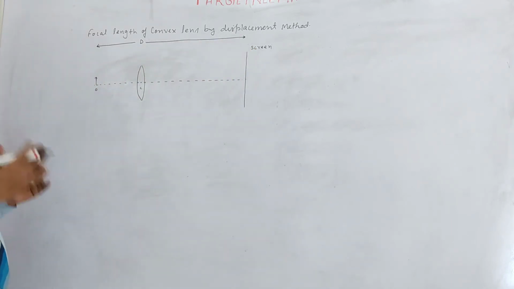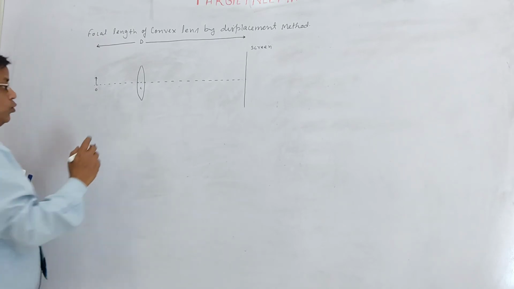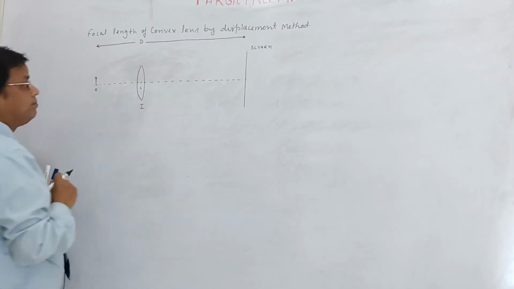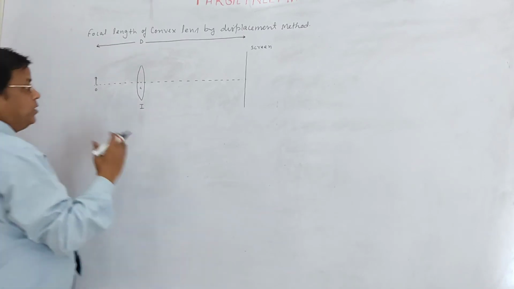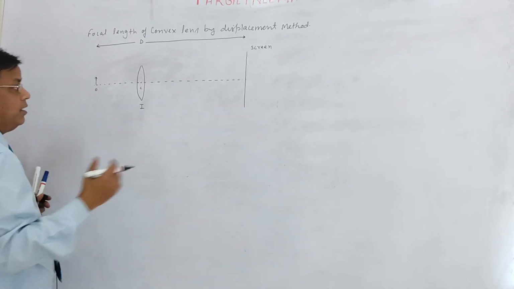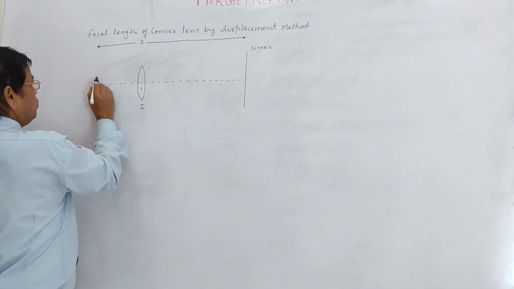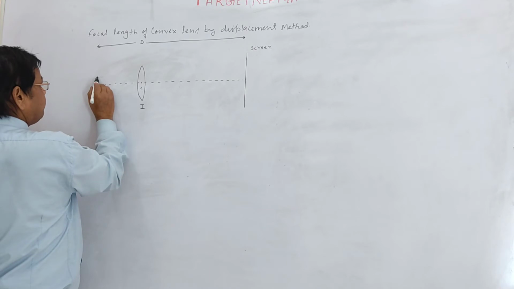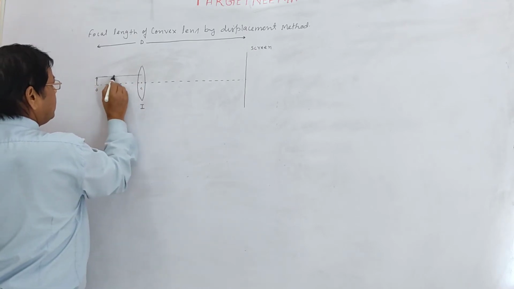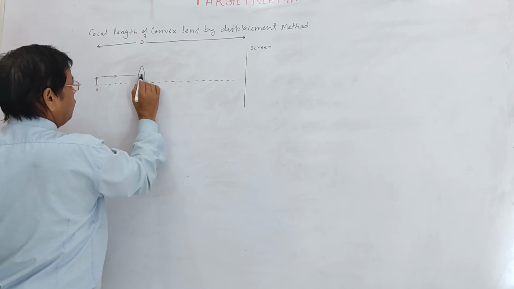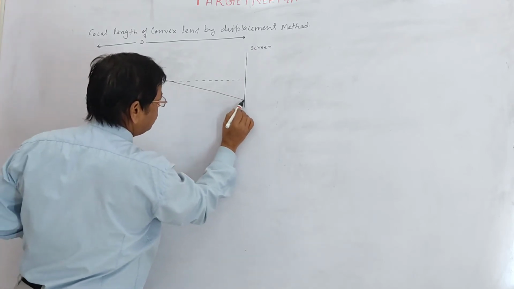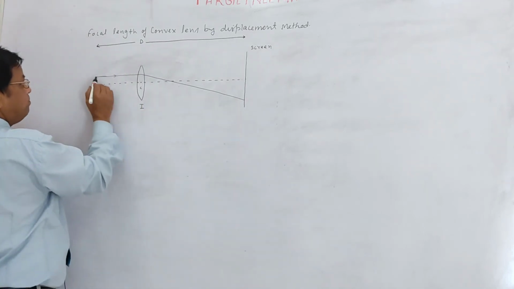And this D is more than 4F. So we are going to get two positions. Let this be the first position of lens, when we get an image of this object on the screen, a real image. The ray which is parallel to the principal axis will pass through focus and finally reach the screen at this point.